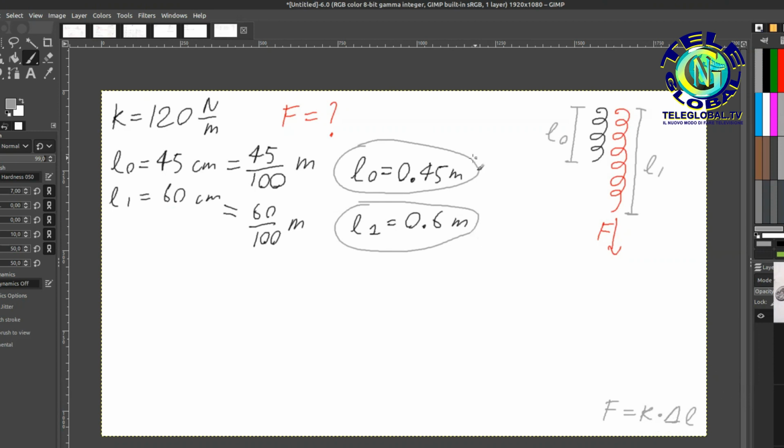So before you proceed, you have to calculate the stretching given by this starting and final lengths.